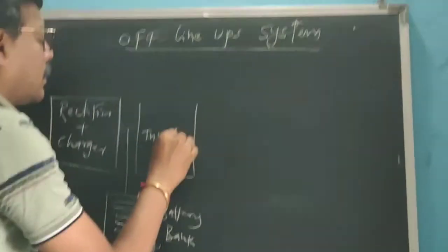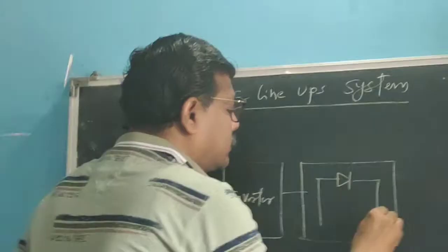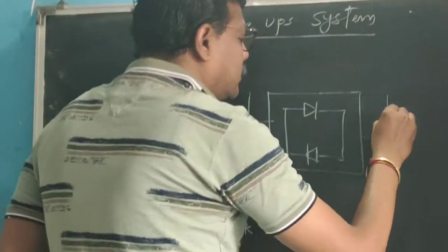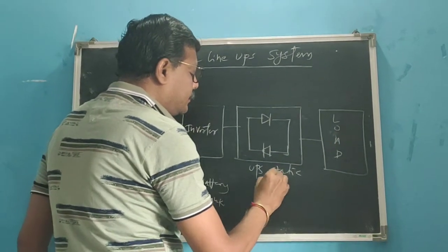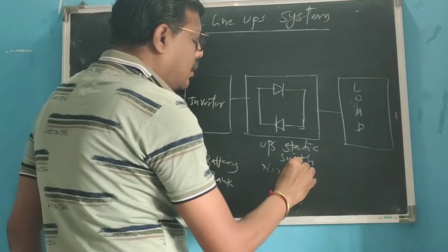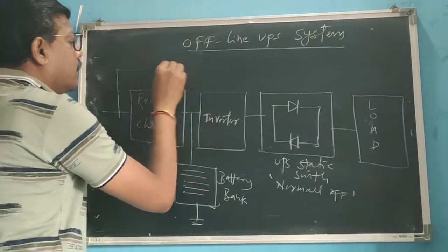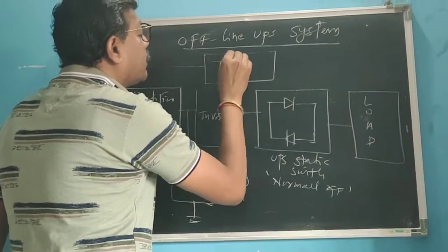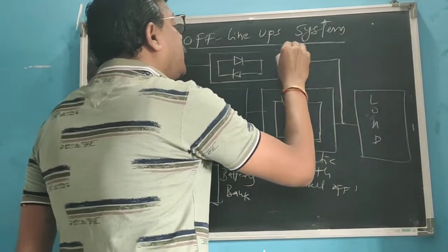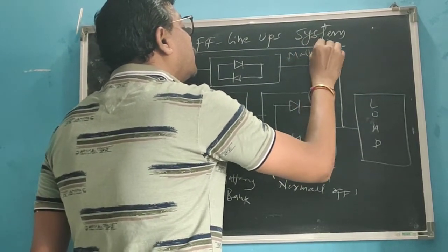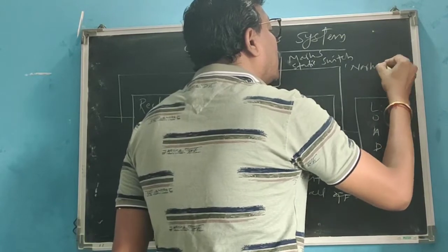This is the UPS static switch, normally off, and this is the AC, maybe called the mains static switch, which is normally on.